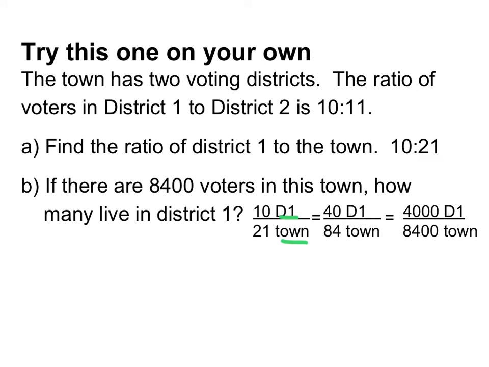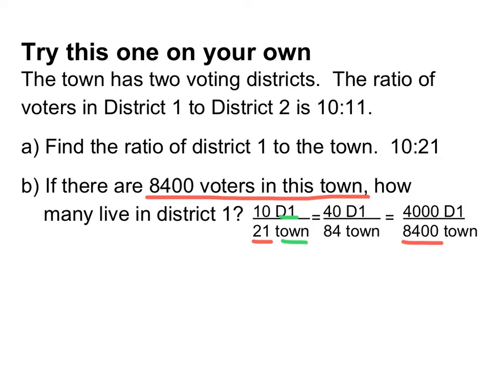So we have District 1 and we have the town. My original fraction is 10 in District 1, 21 in the town, but I need to scale this up to get a total of 8,400 voters in the town. So I needed to scale that 21 up to 8,400. You need to come up with a path that works for you. This is one that I saw.